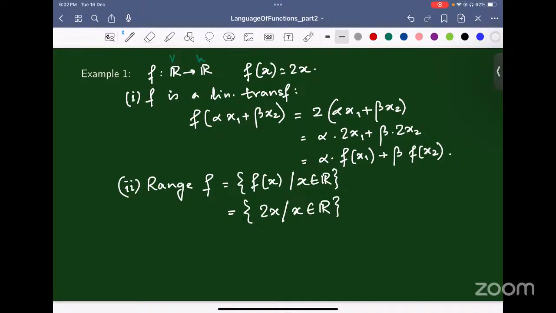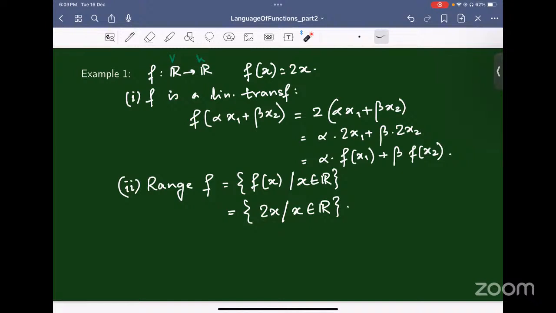Now my question is, range of f makes me think, right? If I take any real number and multiply 2 with it, whatever I get falls in the range of f. So, is this just the set of all even integers? No, because x can be any real number.